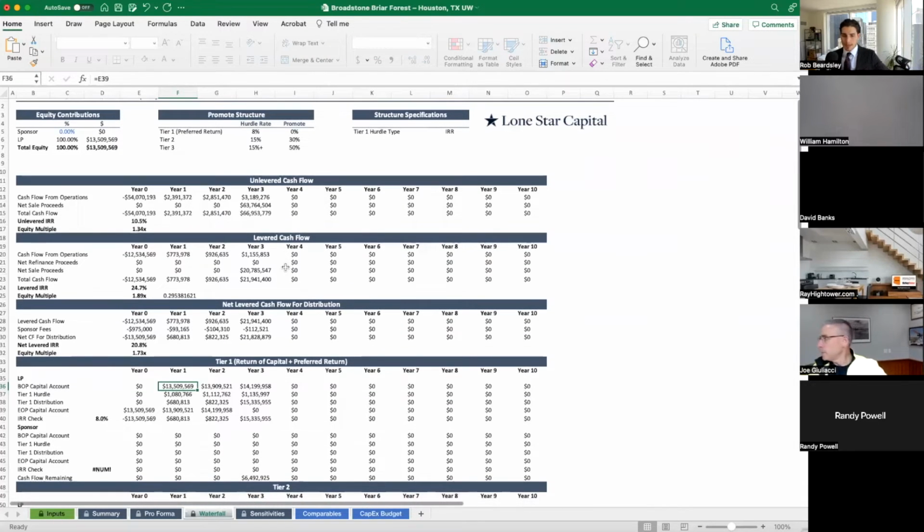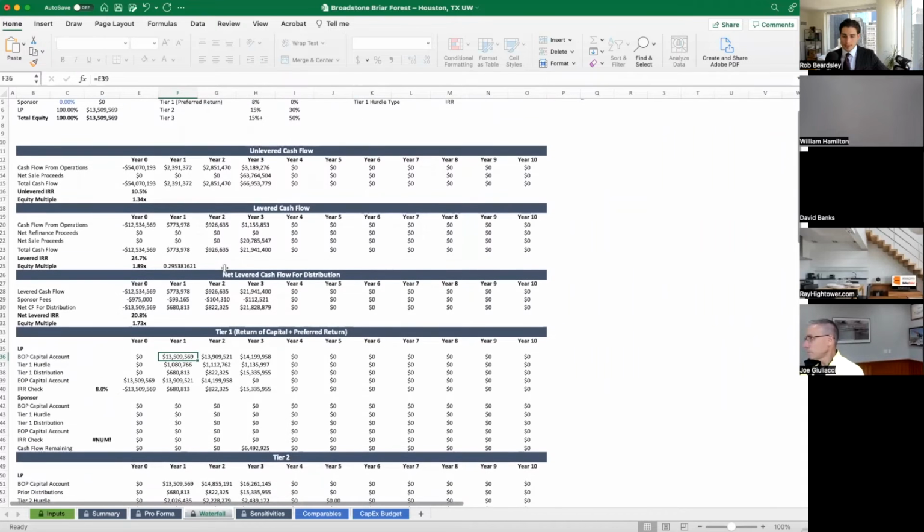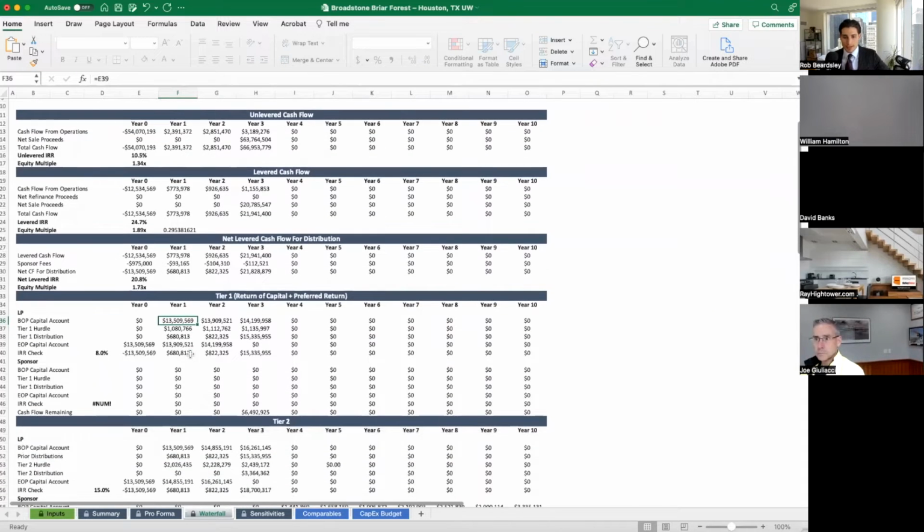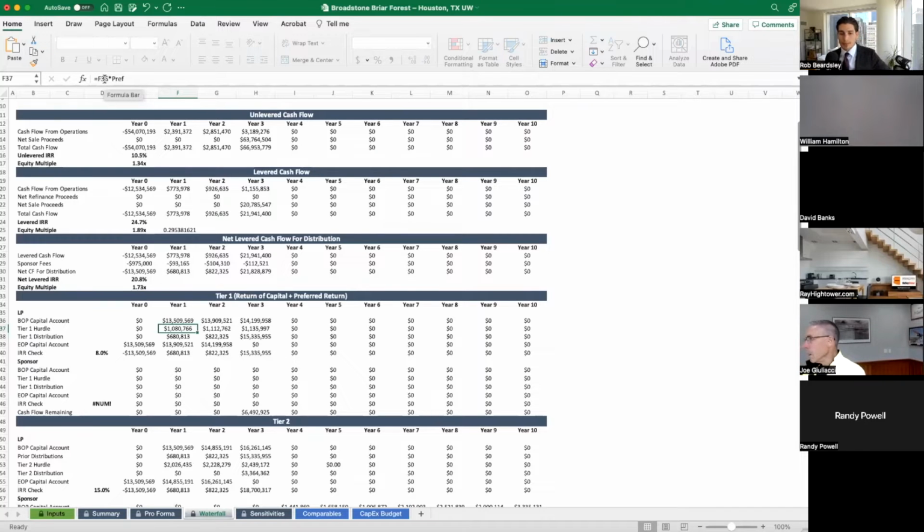But that 8% is going to accrue and compound. So the second line that we have here is tier one hurdle. And as you can see by the formula, it's just multiplying the beginning of period capital account by the pref. So 8% on 13.5 million is roughly $1,080,000. So that is the preferred return that is accruing on the capital account.